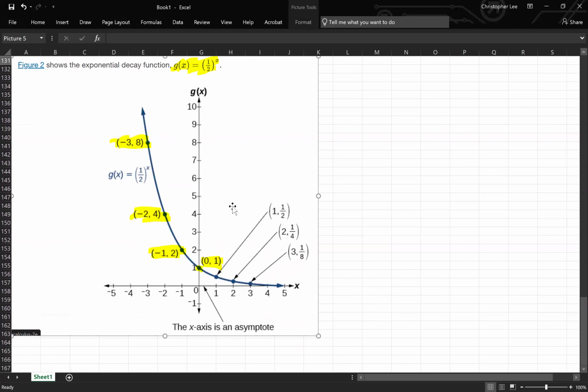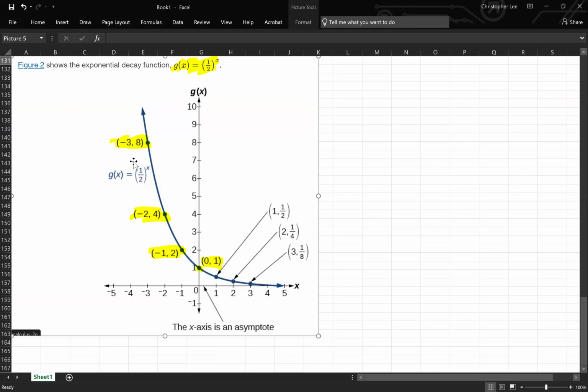As x goes to positive infinity, it gets close to 0. As x goes to negative infinity, f of x goes to positive infinity.